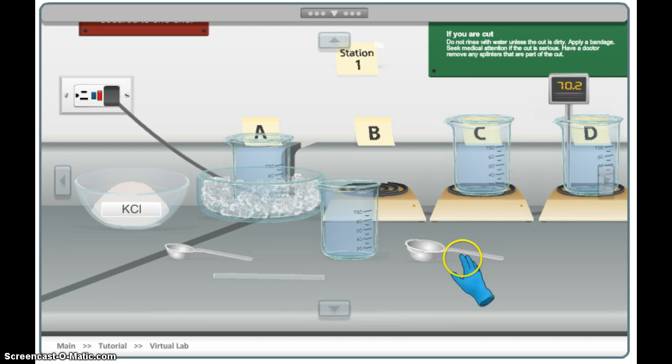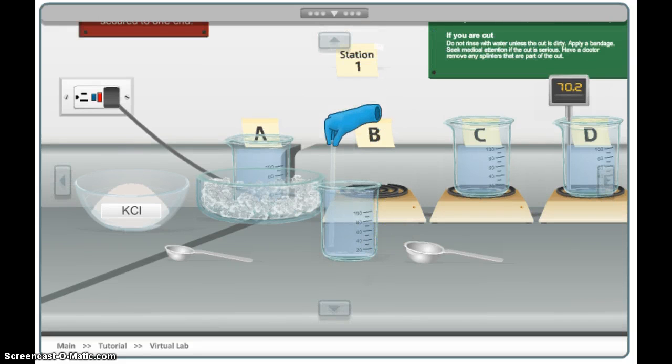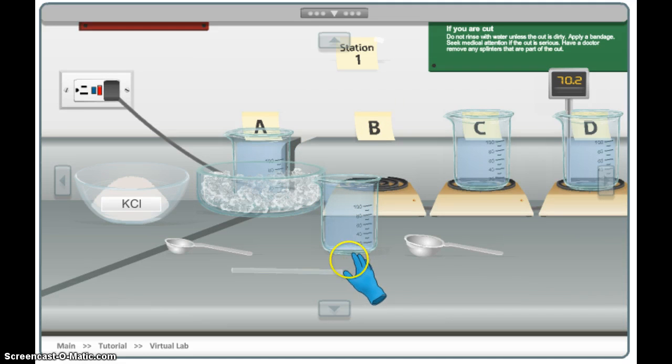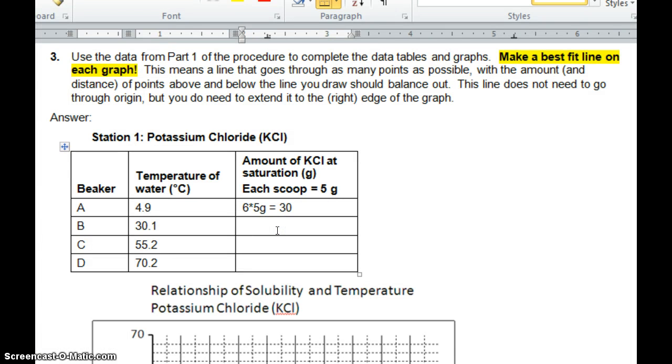Is it saturated? Nope. Scoop number 8. Did it all dissolve? Nope. Yes, sorry, yes it did. Is it saturated? Yes. So that took 8 scoops to saturate this one. All right, so 8 scoops.